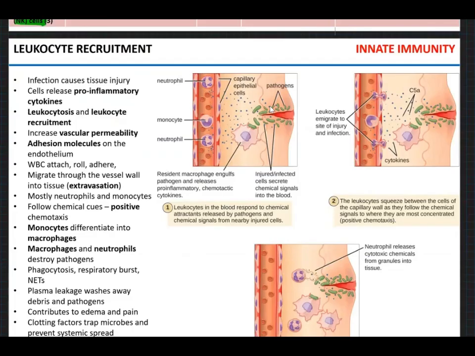So we figured the cells. How do we recruit them? So, this is the infection right here.